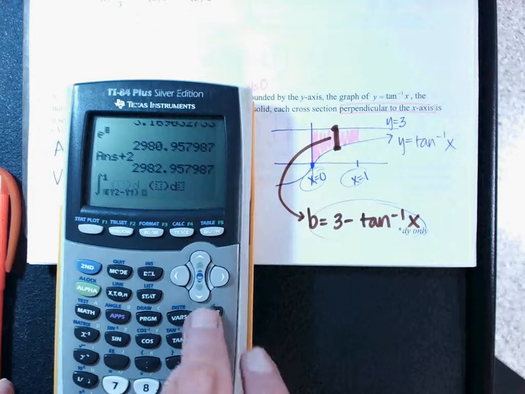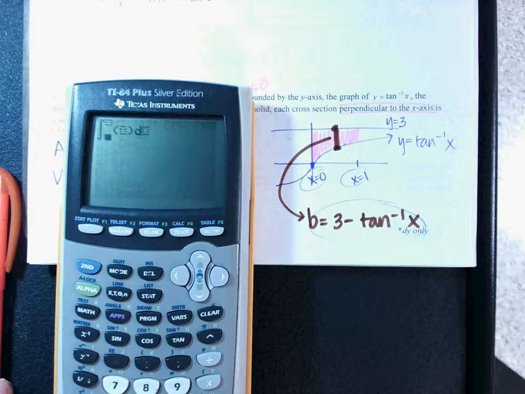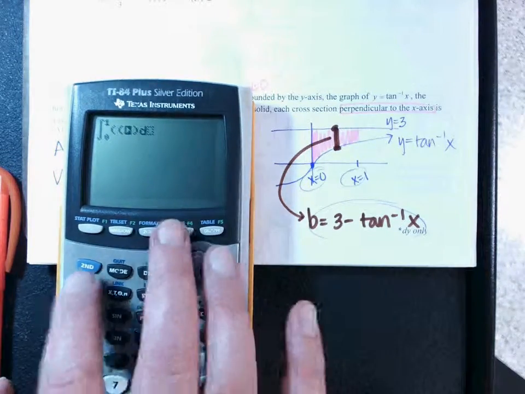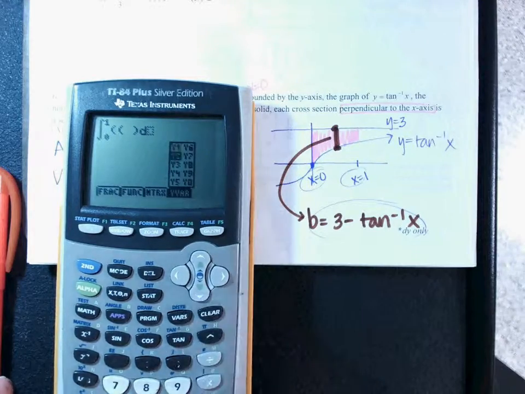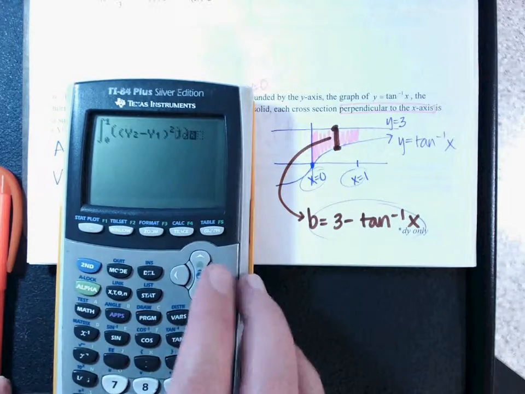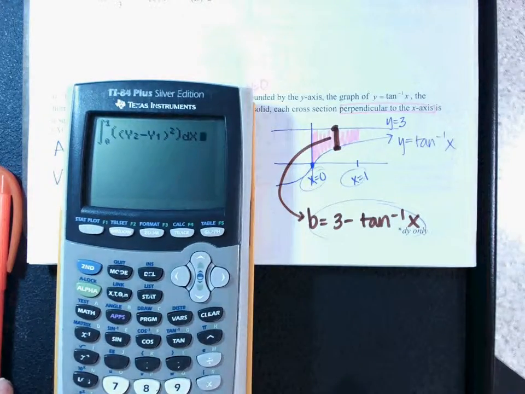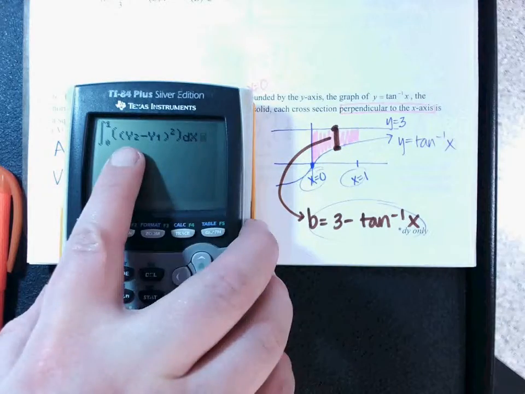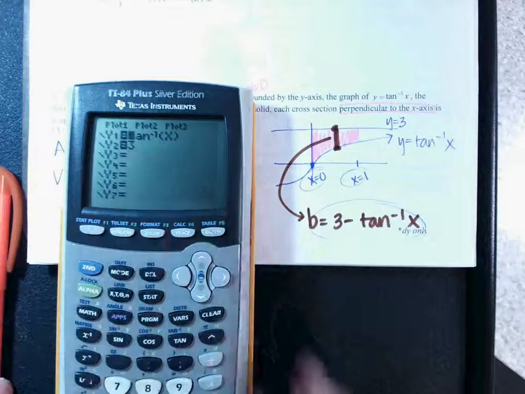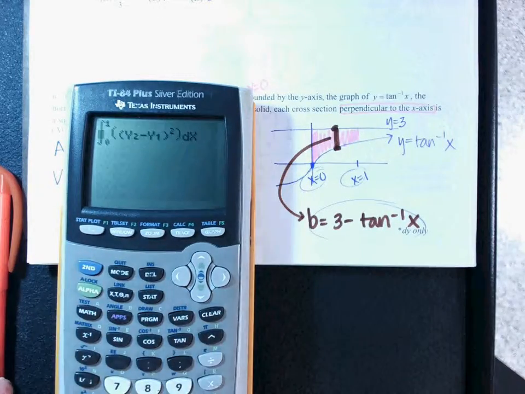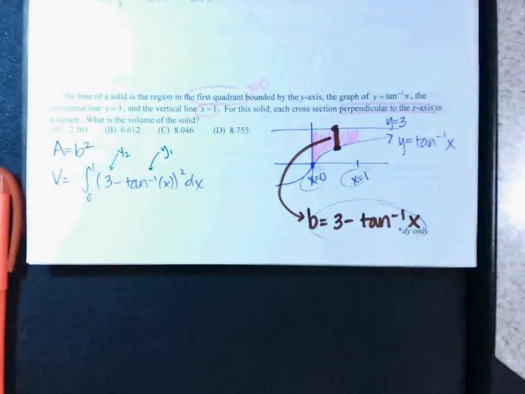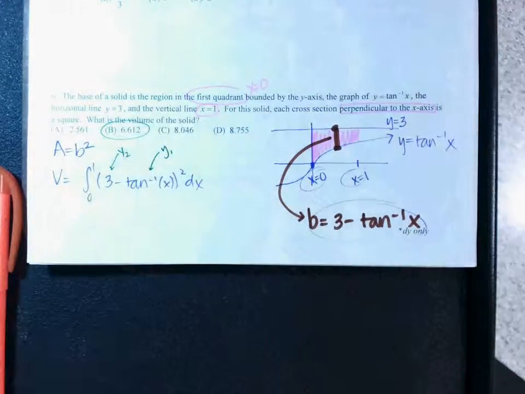Aw, dang. I wasn't looking at my calculator. Okay, math 9, 0 to 1. And then it'd be parentheses y2 minus y1 squared dx. So that way you're subtracting 3 minus inverse tan, but remember they're just already typed in here for me. Okay, so then I just push enter on that, boom, you get your answer. 6.6123, which is answer choice B.